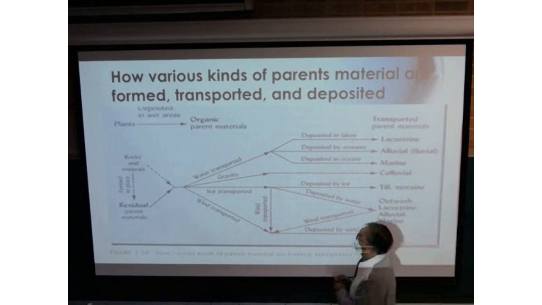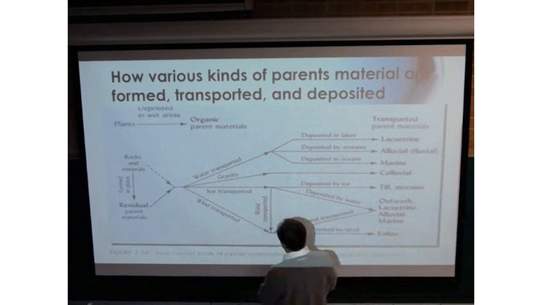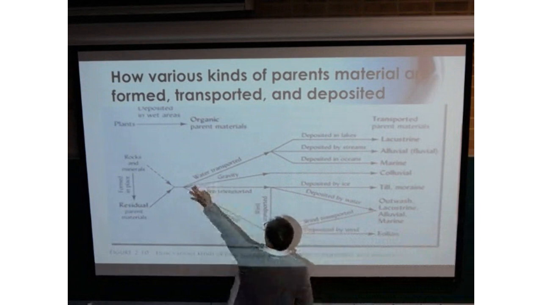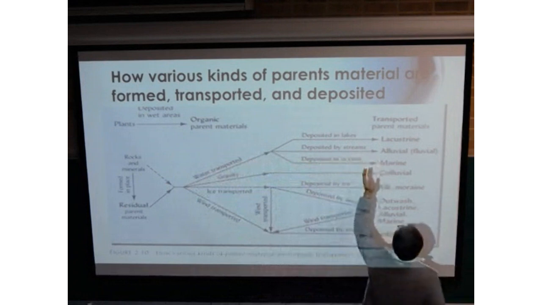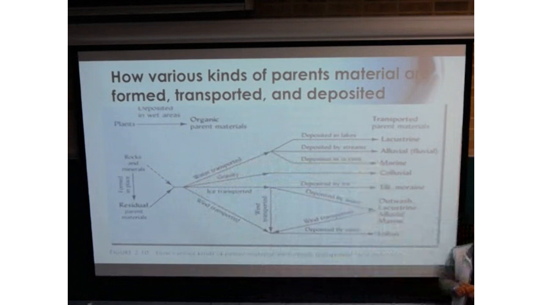So when the soil parent material, the broken pieces of soil particles, are moved by water and deposited in a lake, we call that lacustrine. Okay, lacustrine. If the water carried those broken pieces of soil particles and deposited them by a stream, we call it alluvial.